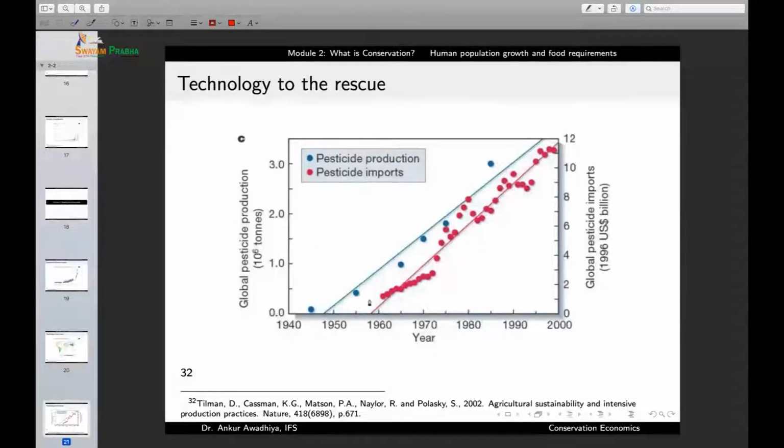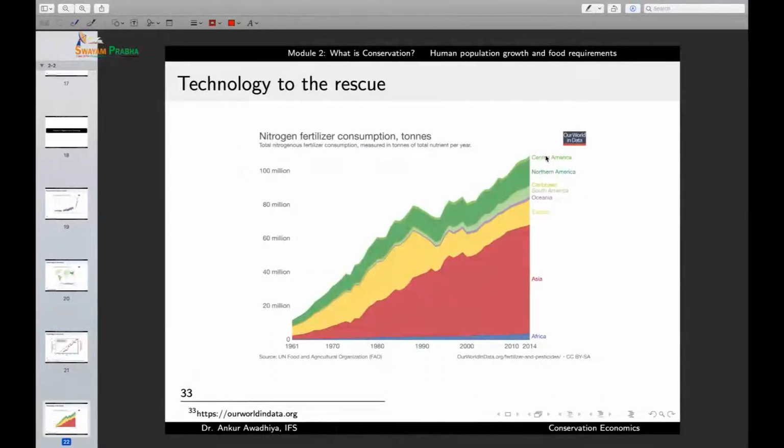And if we look at the pesticide production or the imports in different countries, we'll find that they have been increasing with time. Now, if you consider different fertilizer applications all over the world, here again we'll find a very similar trend. Through time, the consumption of fertilizers such as nitrogen fertilizers has been increasing.